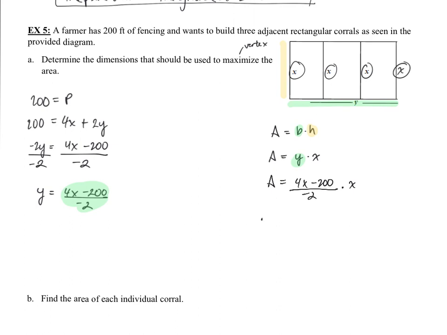So when I do that, a is going to equal, let's see, we could simplify this, taking away the 2, we get negative 2x plus 100 times the x. So a is going to equal negative 2x squared plus 100x. Ooh, okay, so now we have a quadratic equation, which I know how to find maximums and minimums for.